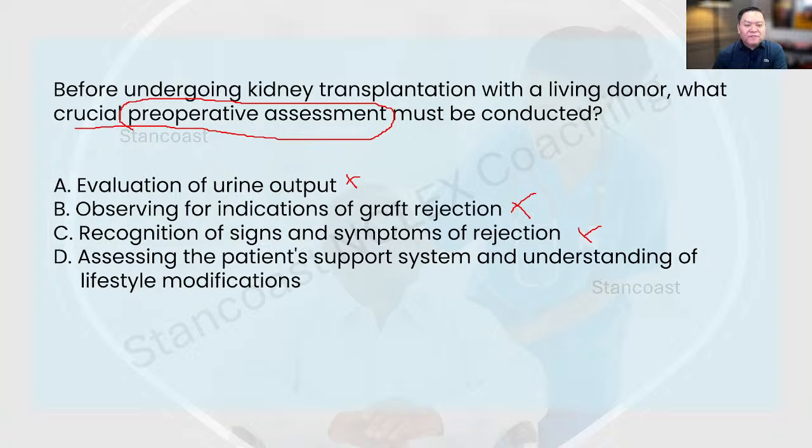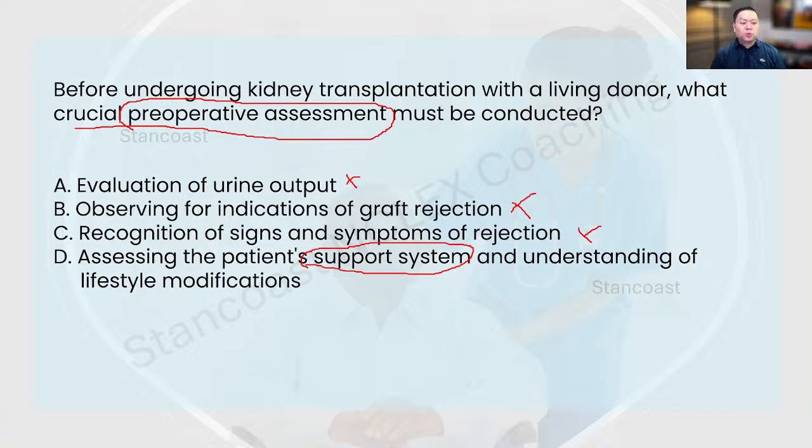Well, before the patient undergoes the kidney transplantation with a living donor, the priority here is to assess the patient support system and also if they're able to understand the kind of modifications that they need to do at home as far as the diet and their activity, for so many reasons, because we need to identify if they have this. If not, I doubt that they would be able to help themselves at home.